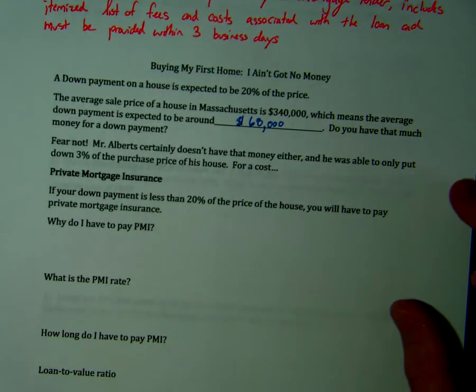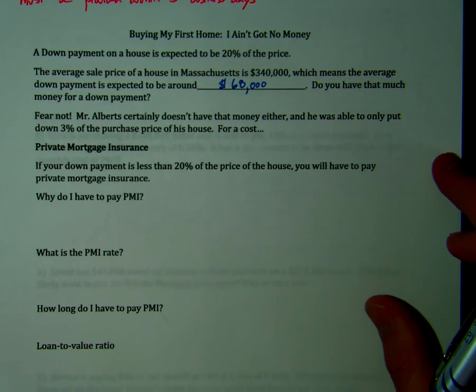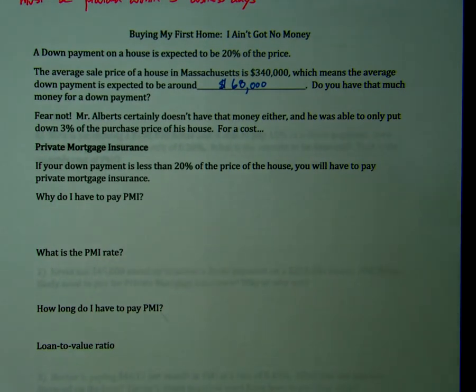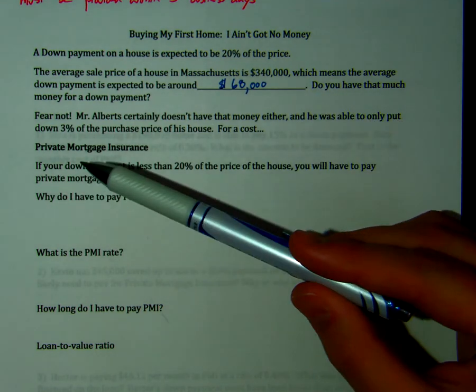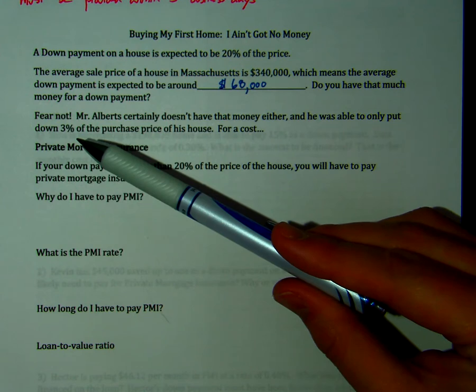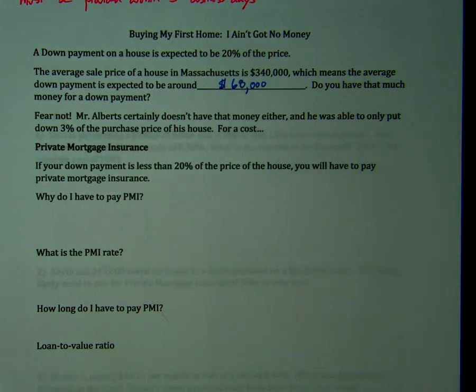And so that provides a little bit of a hesitancy to the banks, because the way you demonstrate that you can pay the loan is by having a lot of money. The way you demonstrate to them that you don't have a lot of money is when you're only putting 3% down, like I did. So that's the situation a lot of people are in. And what that leads to is something called PMI, which is private mortgage insurance.